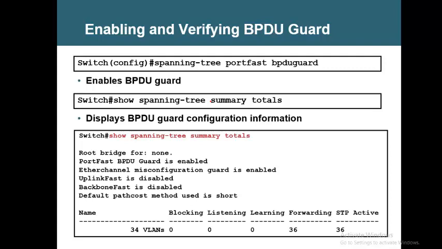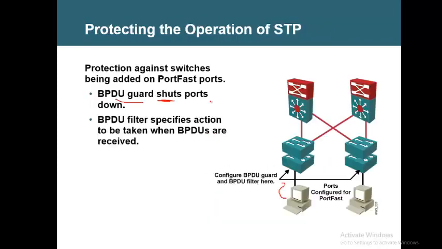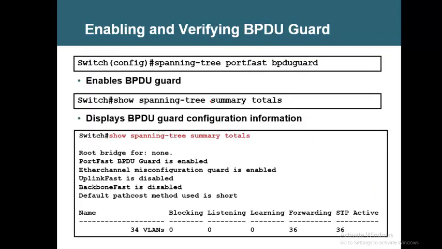The link that is connected between the switches needs BPDU, isn't it? They need BPDU. So you need to enable it on the interface instead of global. Here they are not showing the command. I'll show you when we do the lab. Here this command enables BPDU guard globally.